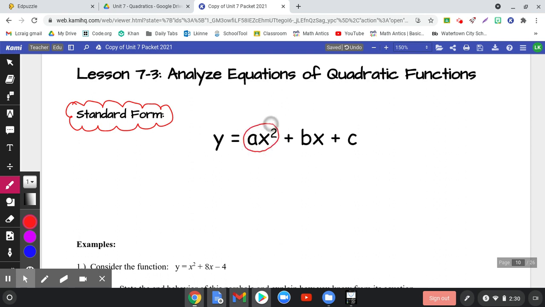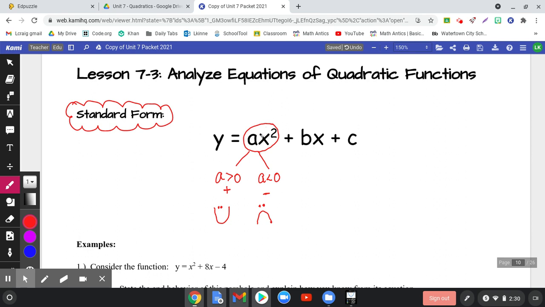First of all, if you look at just the first term, if a is positive, so if a is greater than 0, then it's going to be concave up. It's going to be like a smiley face, okay? They're being positive, they're smiling. If a is negative, so if a is less than 0, then they're frowning, they're being negative, right?